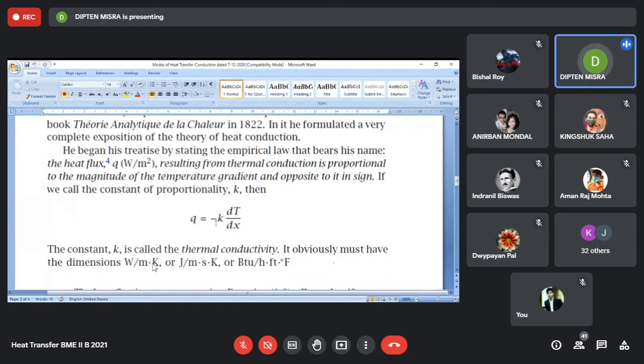One, it depends on a specific property of a material, and also it depends on the situation that is prevalent on the body. This property k is specific for that material. If we change the material, then naturally the conductivity value will change from one material to another.